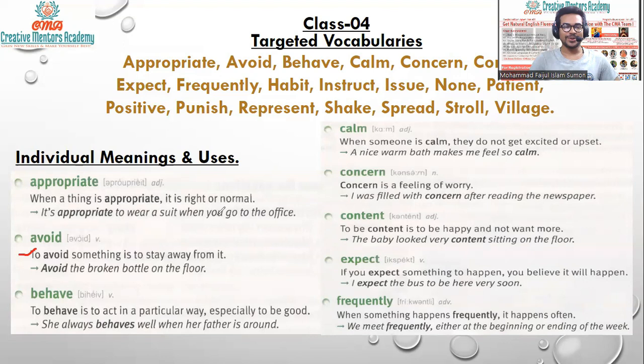Next one is calm, not come. When someone is calm, they do not get excited or upset. So calm and quiet. A nice warm bath makes me feel so calm, really.